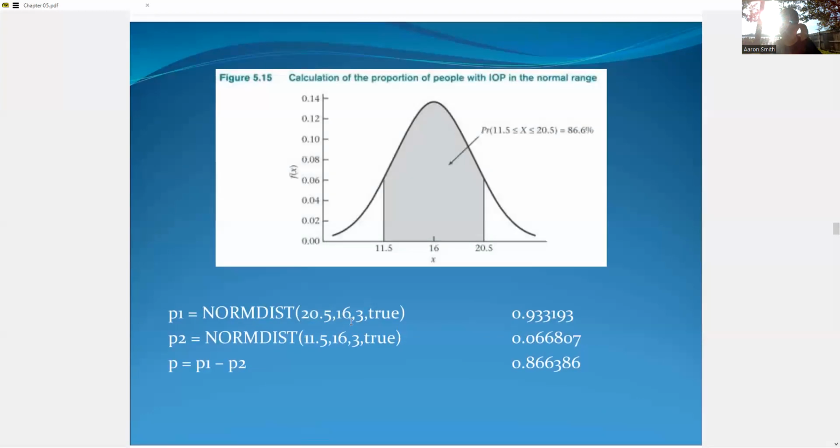Now, the height of the bell curve, so this curve here is a little bit different, is not what's actually being represented here. The probability of being less than or equal to 11.5 when we have a population average of 16 and a standard deviation of 3 is about 7%. If I want the probability of being between 20.5 and 11.5, I just do subtraction to get about 87%.